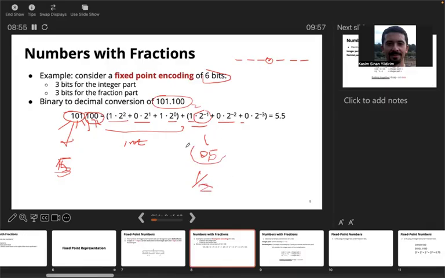So 5 plus 0.5, you obtain 5.5. This is how we represent fixed point numbers, okay?